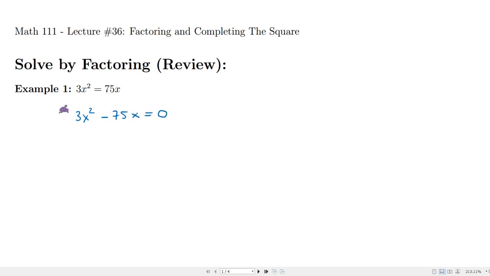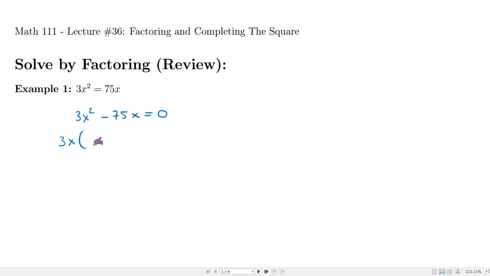And now if we factor the left-hand side into a product of factors, then we can use the property of 0 to say that we're guaranteeing that one of those factors has to be 0, and so we can figure out what the potential solutions are. So what could we factor out of this? Both of these terms have a common factor of 3, but they also have a common factor of x.